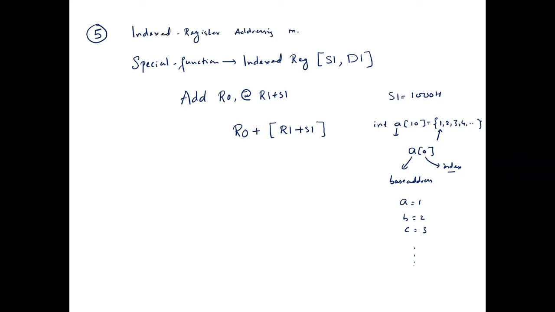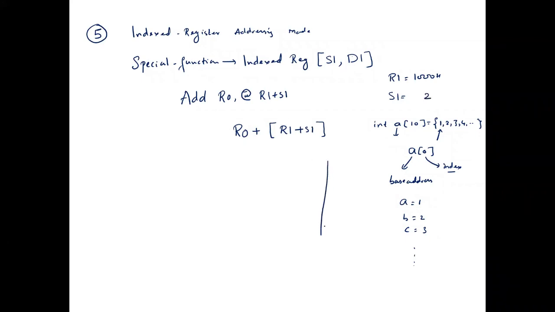Now, how is it going to retrieve the data from the memory? Say, for example, there is some source index, and I will write 1000 in R1, and the indexing value I will give as 2. The index value is 2.